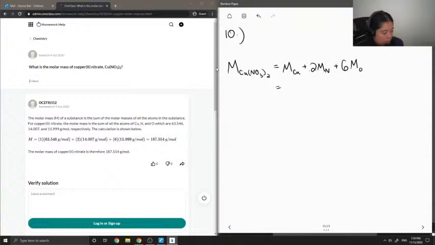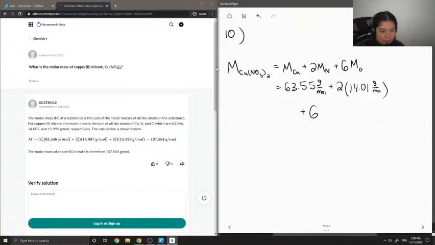Okay, so the atomic mass for copper, 63.55 grams per mole. I'm going to do 2 times the molar mass of nitrogen since there are 2 nitrogen atoms. So the molar mass of nitrogen is 14.01 grams per mole.